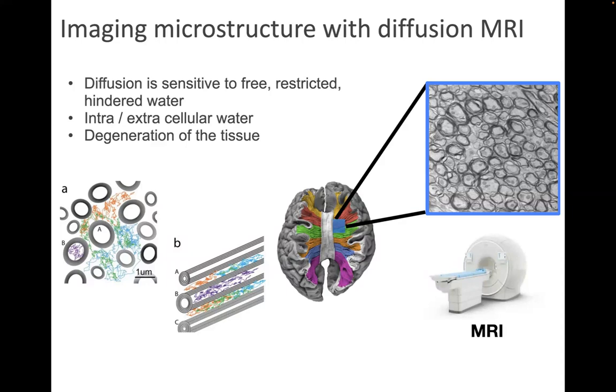So this is happening in 3D. Okay? So basically, we're going to use the MRI machine and the different contrasts to measure the apparent diffusion coefficient along different directions. Right?